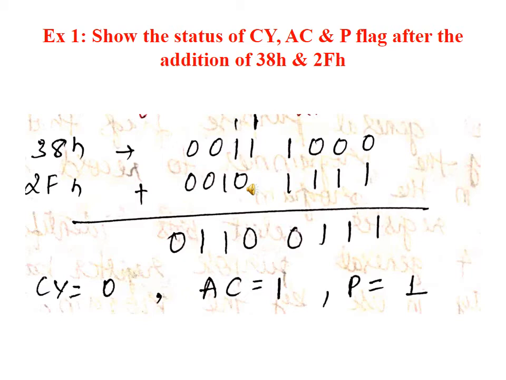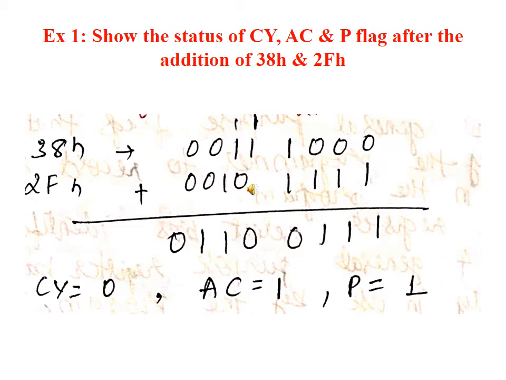Here each digit is represented using 4 bits. 38H in binary is 0011 1000. 2FH is 0010 1111. So you need to add these two. After doing the addition, for the result you need to tell what is the status of the 3 flags.